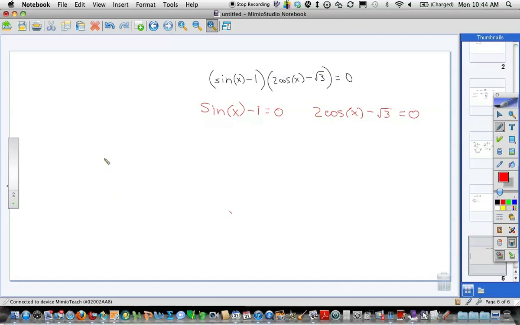Little hint for those of you that forgot algebra. Two things multiplied equals 0. One of them has to be 0, right? So either sine x minus 1 equals 0 or 2 cosine x minus radical 3 equals 0, right? That's your start.